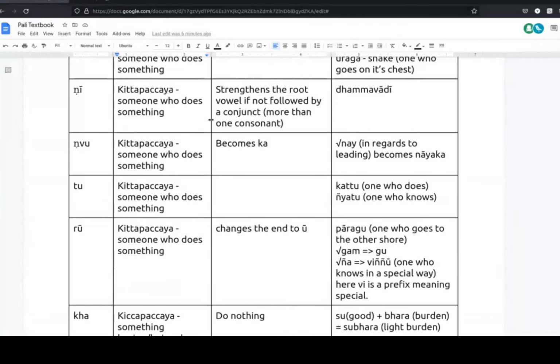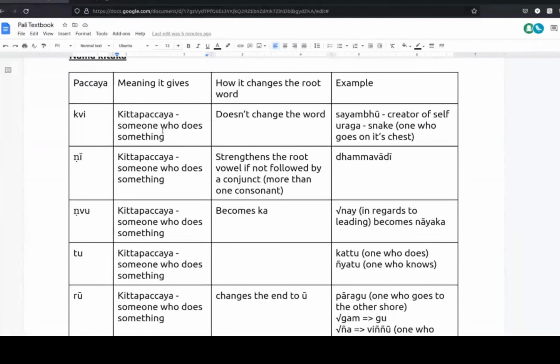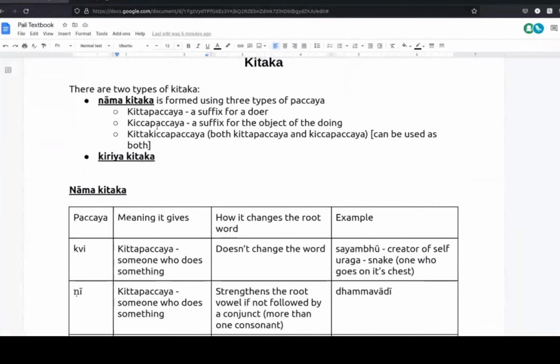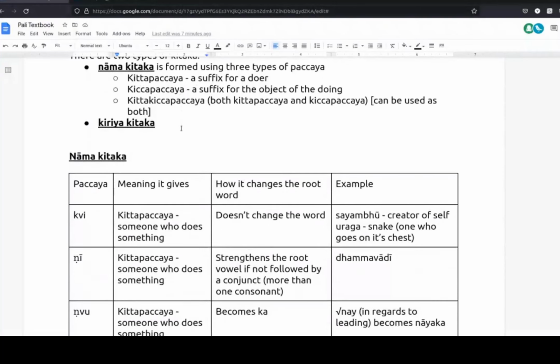Rather than having to look up every single word, you know what the roots are, and you derive the meaning. You figure out what root the word is derived from, what root and what suffix. So two parts to a kitaka. There's the root and there's the suffix.